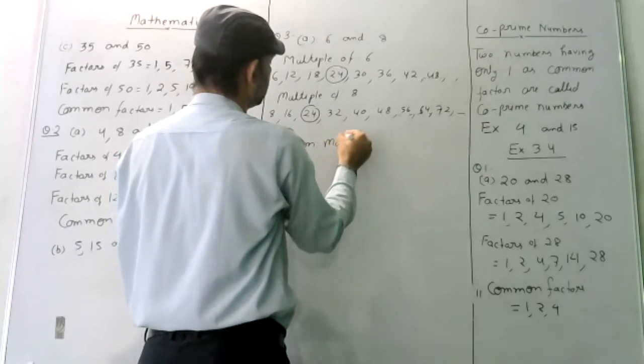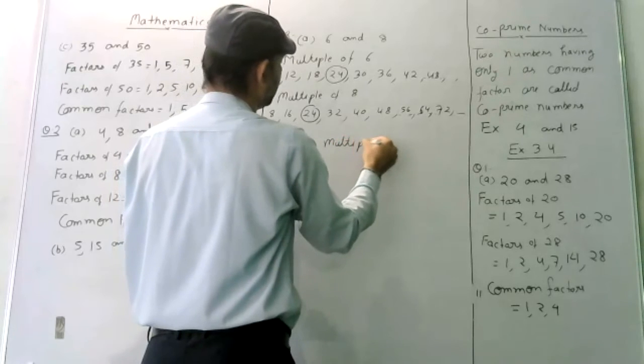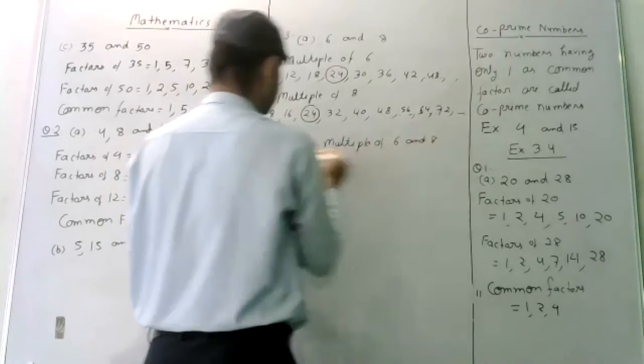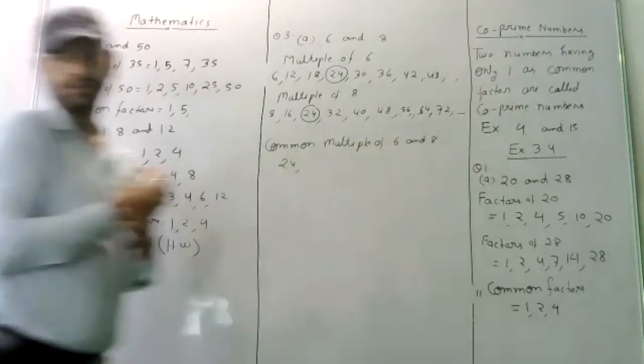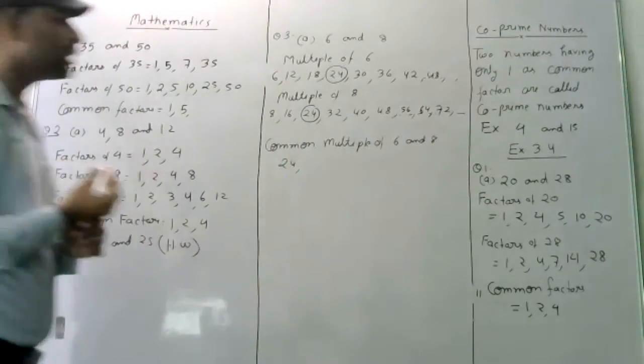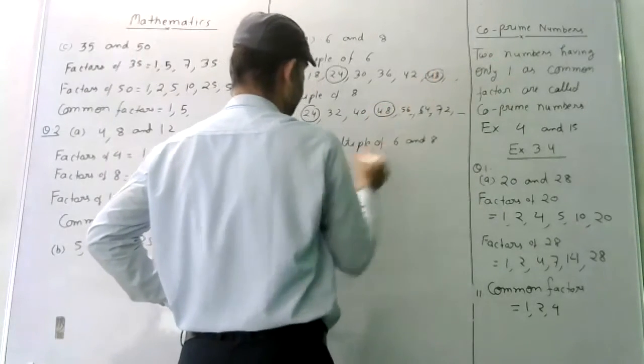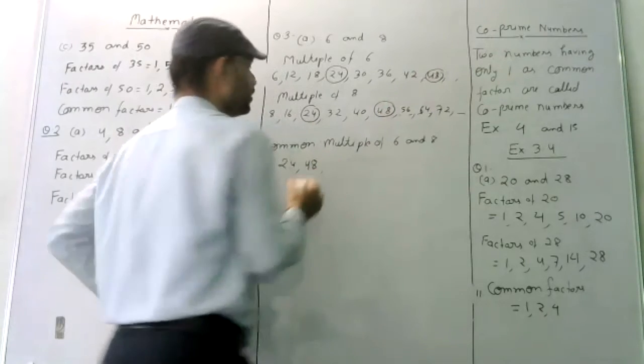Common multiple of 6 and 8. First multiple 24. And second is 48. This is 48.